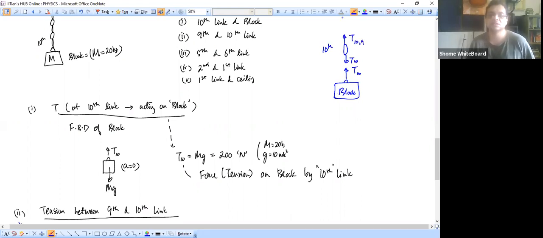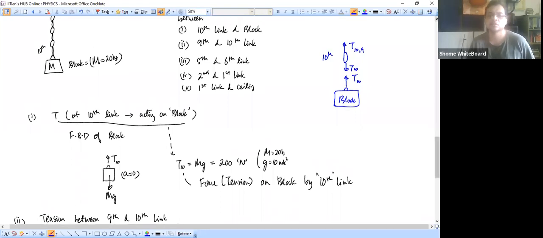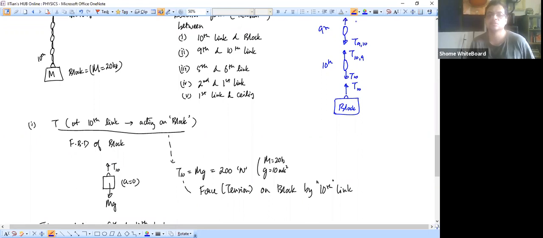Similarly, the 9th link will experience a downward force that the 10th one is applying on it, and an upward force that the 8th one is applying on it, like this.